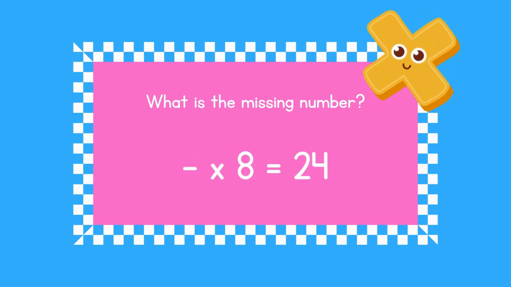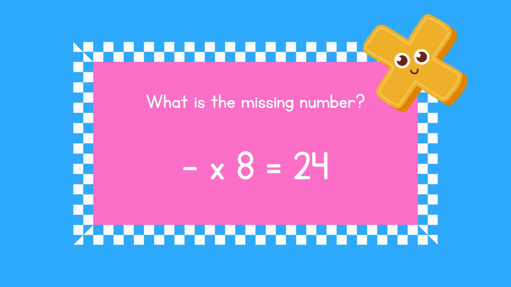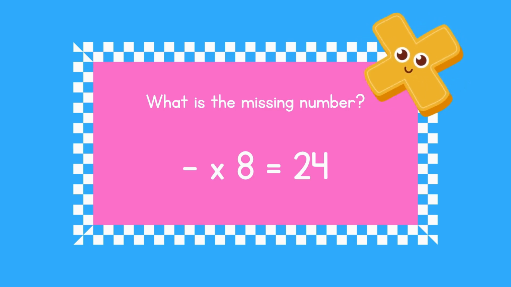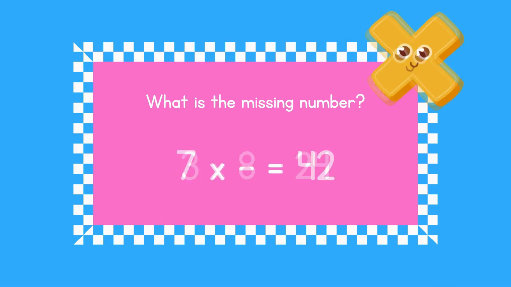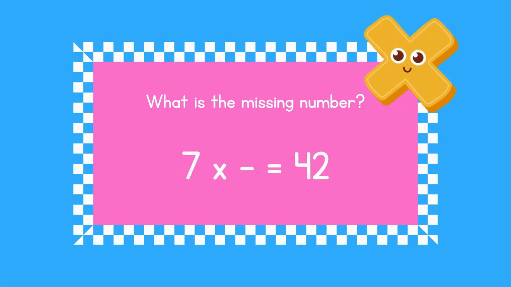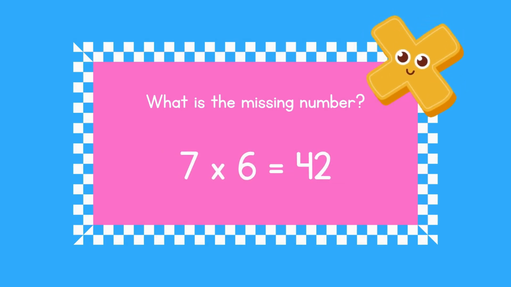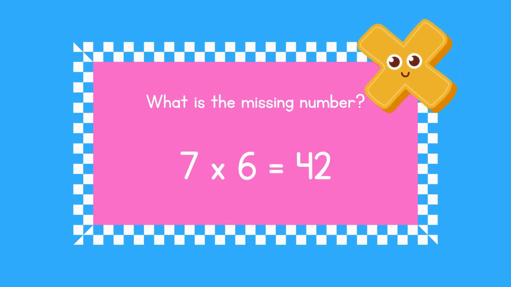Find the missing number. Three multiplied by 8 is 24. Find the missing number. Seven multiplied by 6 is 42.